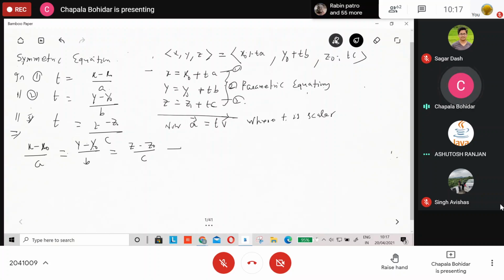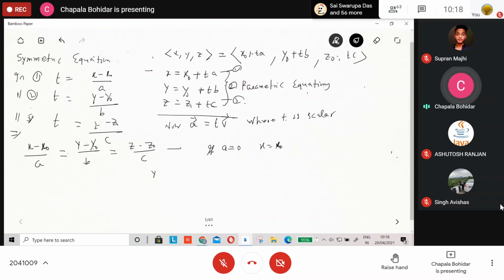Okay, so now if a is equal to 0, you cannot say something divided by 0 is infinity. No. If a is equal to 0, you put the value of a here, and we get x is equal to x0.